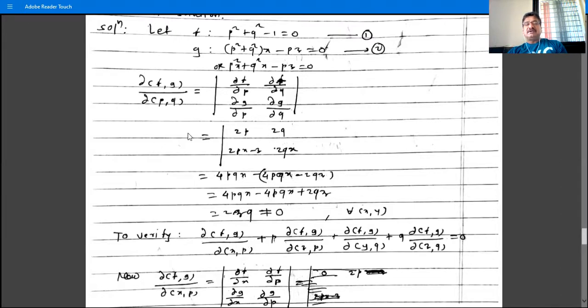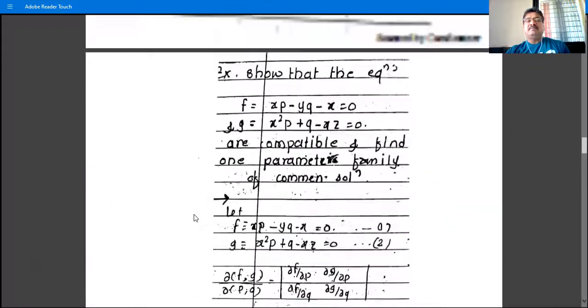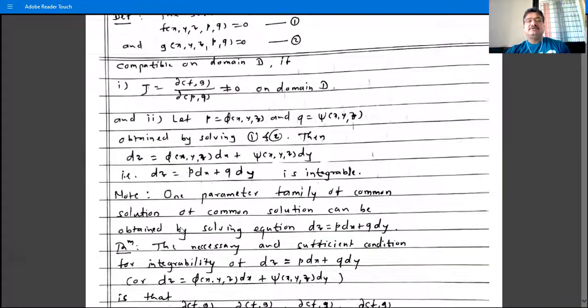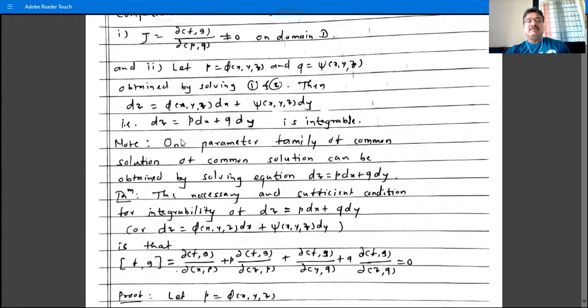Actually, this is the first condition, and the second condition is that the equation is integrable. So what is the definition of a compatible system? The Jacobian ∂(f,g)/∂(p,q) is not equal to 0 on that domain, and the equation dz = p dx + q dy is integrable.